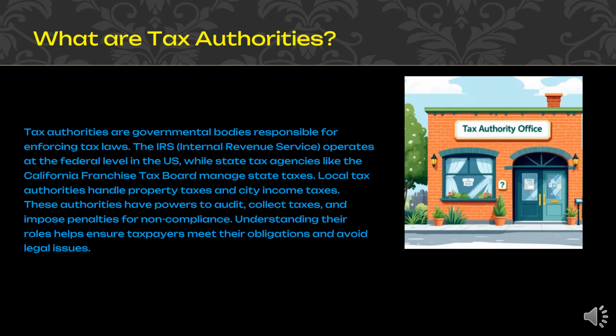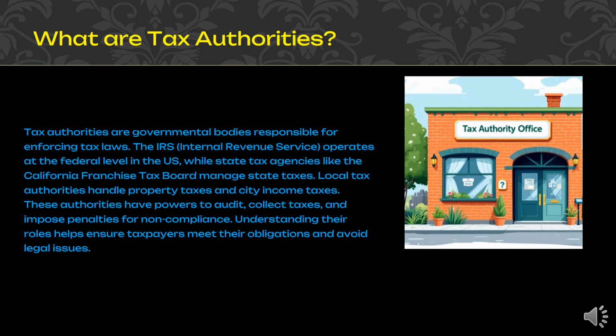Let us see what tax authorities are. Tax authorities are governmental bodies responsible for enforcing tax laws. The IRS, Internal Revenue Service, operates at the federal level in the US, while state tax agencies like the California Franchise Tax Board manage state taxes.